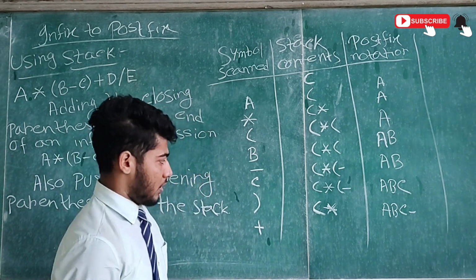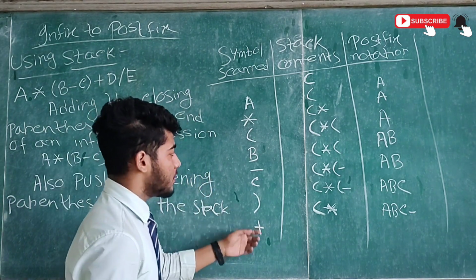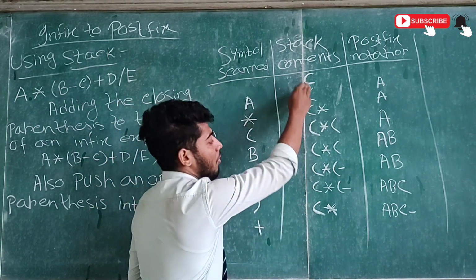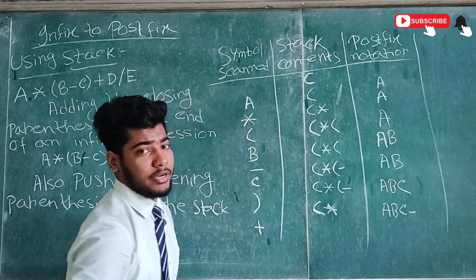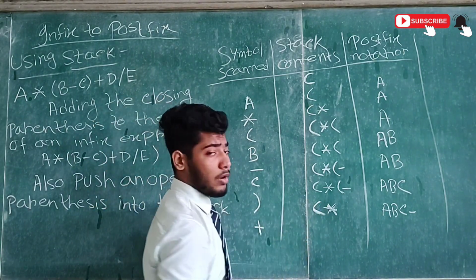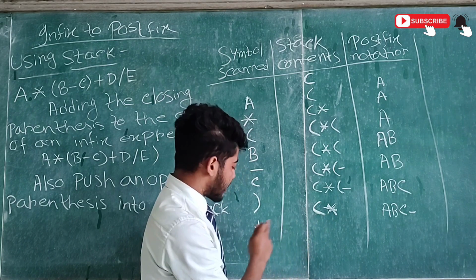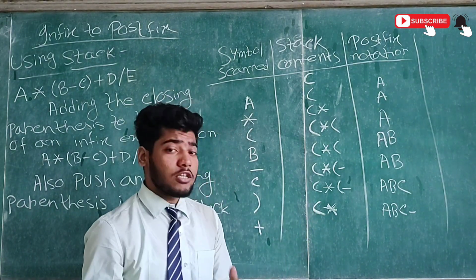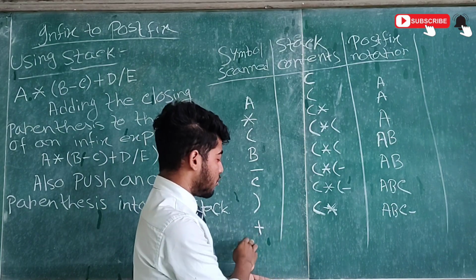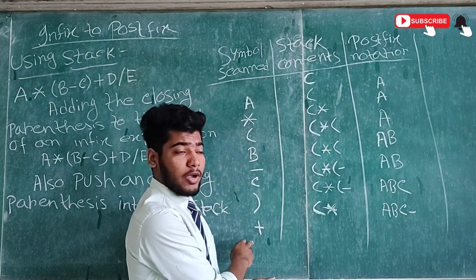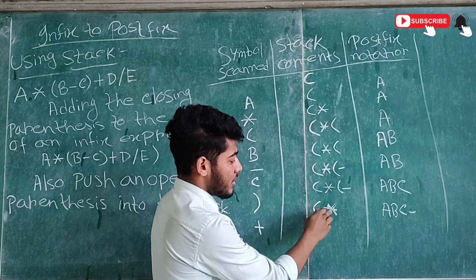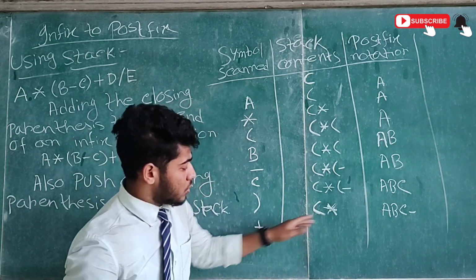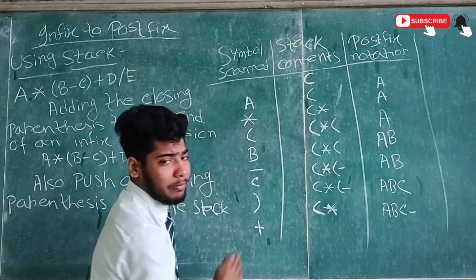Plus is an operator. Now check the precedence of the top operator from the stack, which is multiply, with the scanned operator plus. If the precedence of the top operator is greater than or equal to the precedence of the scanned operator, then pop the top operator from the stack and add it to the postfix. Whose precedence is higher, multiply or plus?